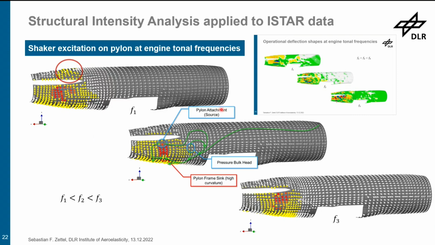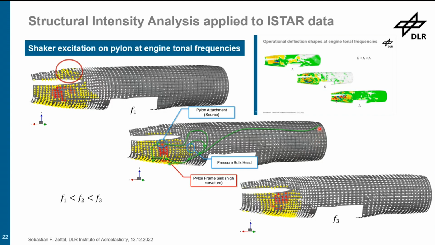From the pylon attachment, which acts here as a source, the energy is input into the structure, and also high dissipation is happening just below this red area.